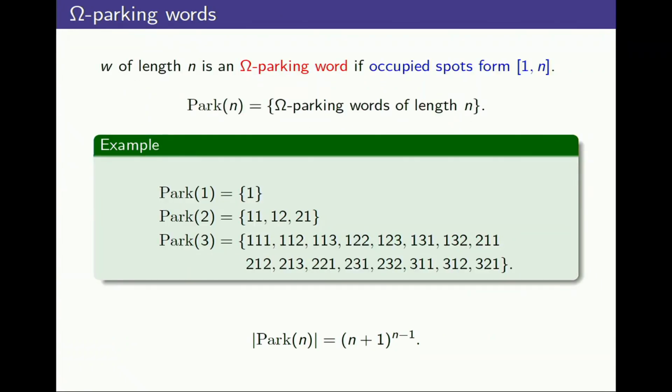Okay, so obvious definition coming up. If you've seen parking functions before, I call a word an omega parking word if the occupied spots end up forming an interval, and park n is going to be omega parking spots of length n. Here are the first three sets, and they have the cardinality n plus 1 to the n minus 1.